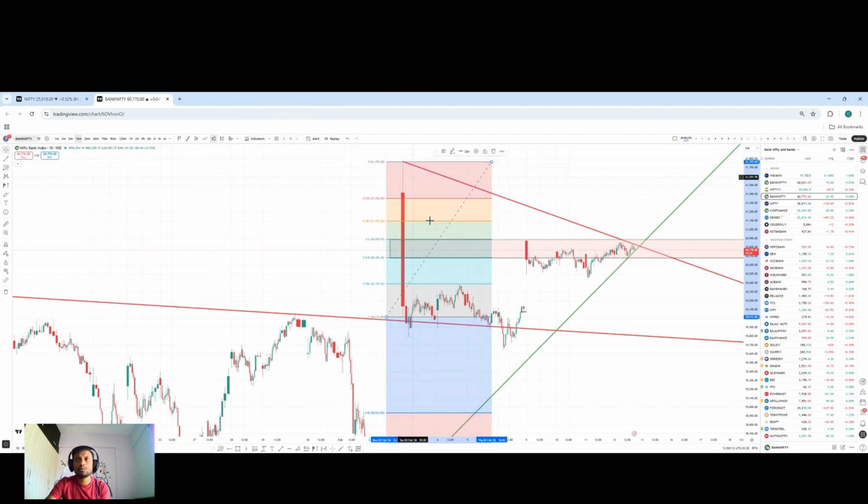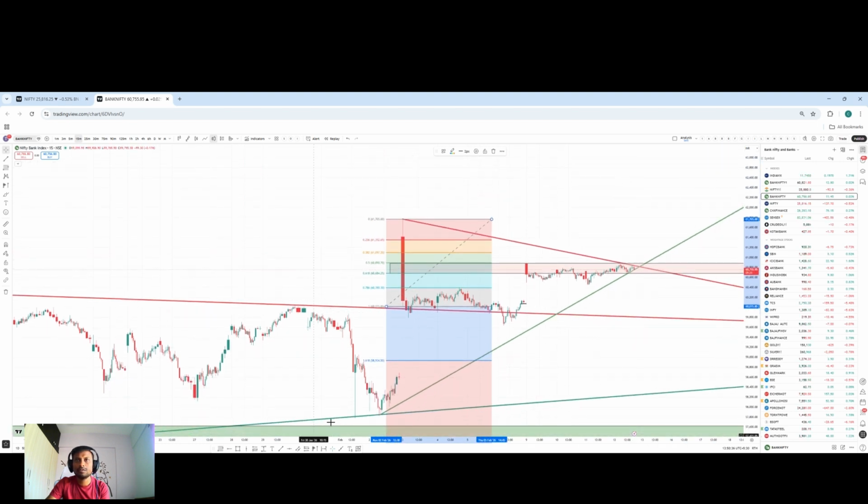Bank Nifty is hovering at a place of breakout or breakdown, and we are seeing a trend line coming from the top and a trend line coming from the bottom, which is the low of the W. So what is the plan in Bank Nifty? The plan is simple.